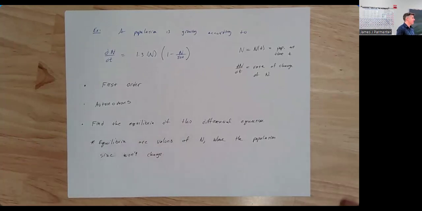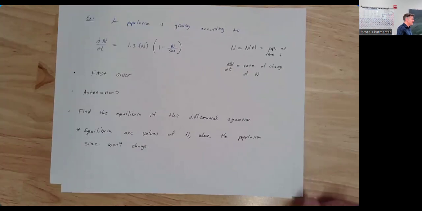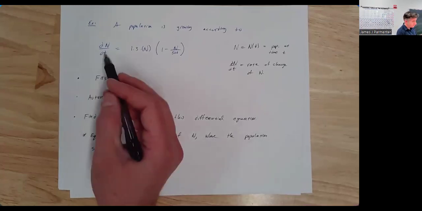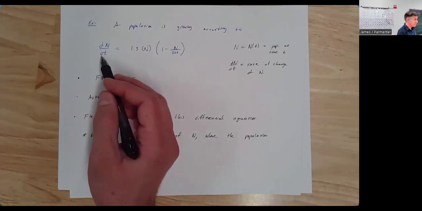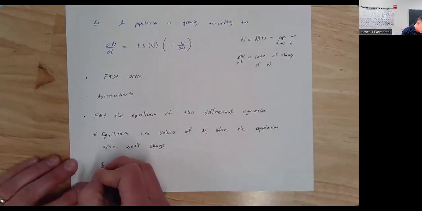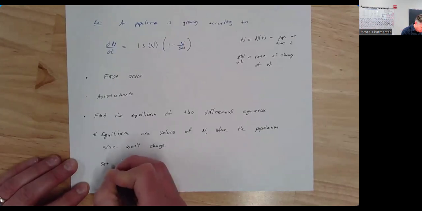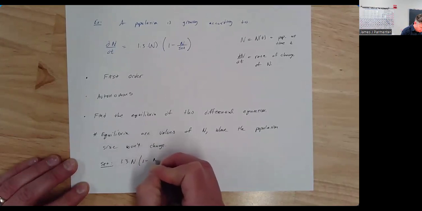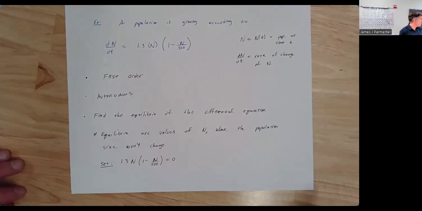What do we mean by that exactly? If population size isn't changing, then the rate of change should be 0. Which means the way we find equilibria is by setting the derivative in our differential equation equal to 0. So we set 1.3 times n times 1 minus n over 500 equal to 0 and solve for n.